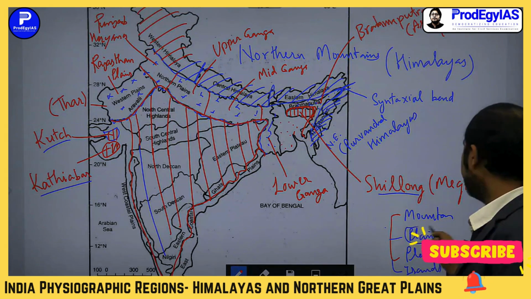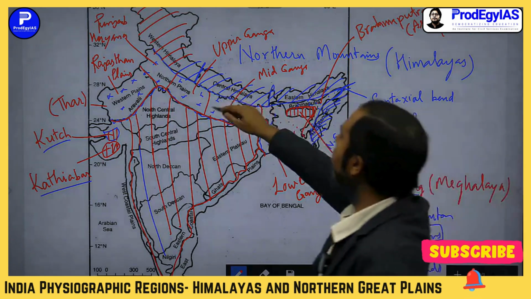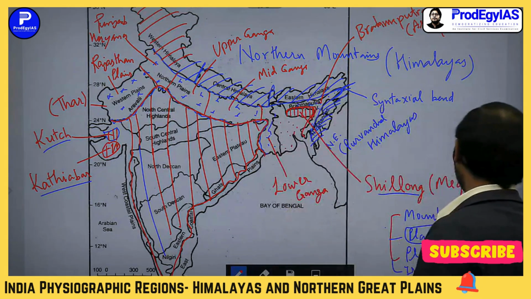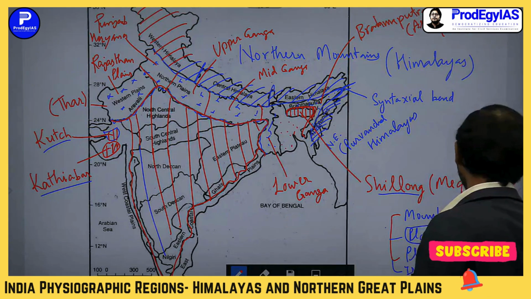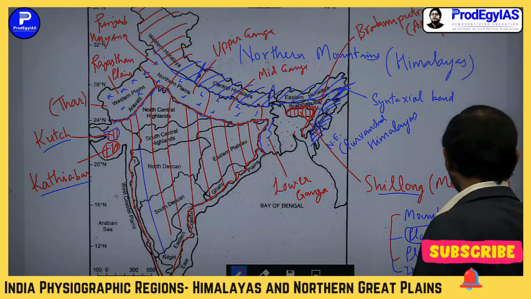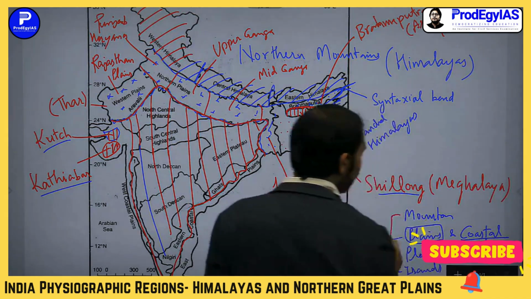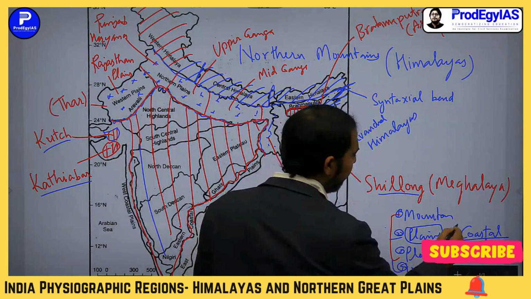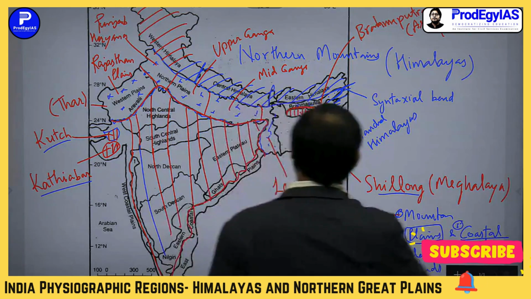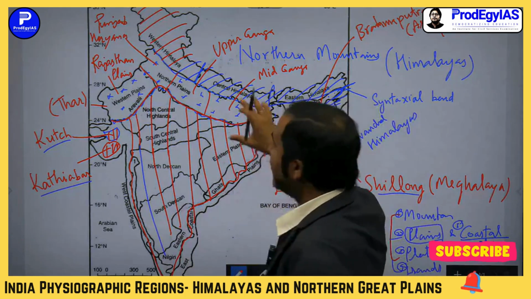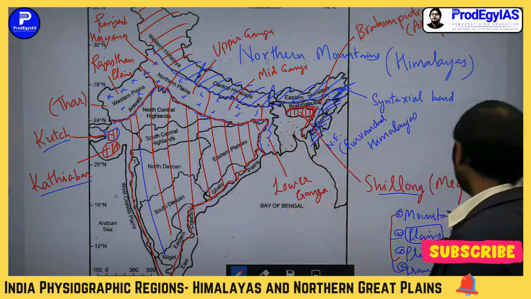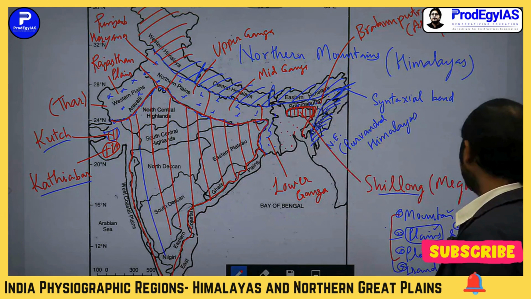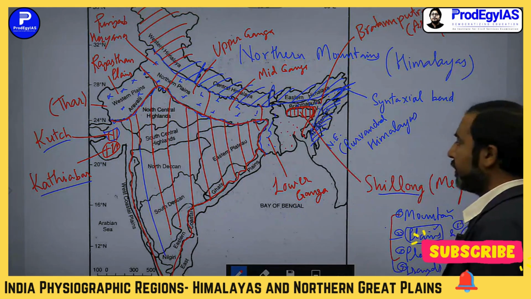And apart from these alluvial plains in the northern part, it also has coastal plains made by coastal alluvium. So largely there are 5 types of landforms, and 5 types of major physiographic units: northern mountains, Great Plains, peninsular plateau, islands and coastal plains, right?